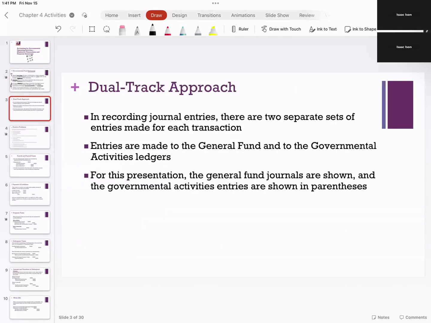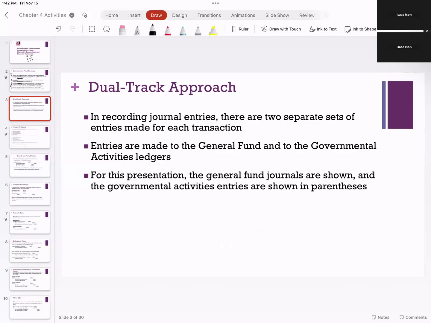Okay. Dual track approach is just talking about how this textbook approaches this. Remember, we have governmental entries that are in our governmental funds. And so like your general fund, your debt service fund, those are using modified accrual accounting. You would also have journal entries, though, that you complete at the government-wide level.